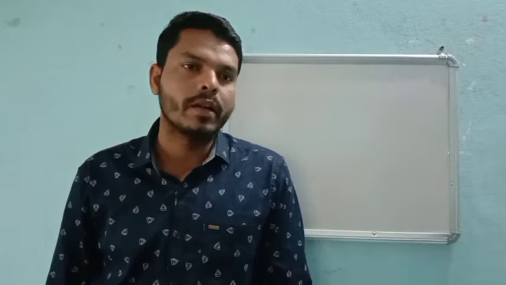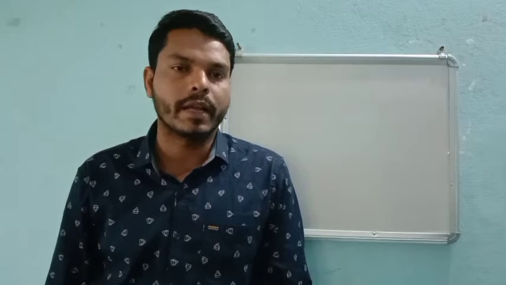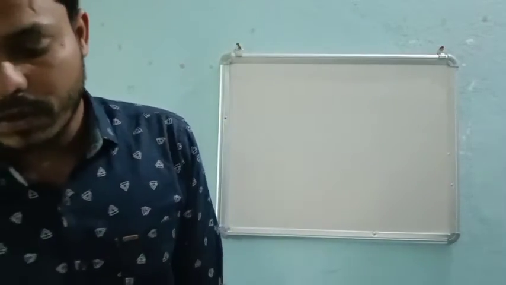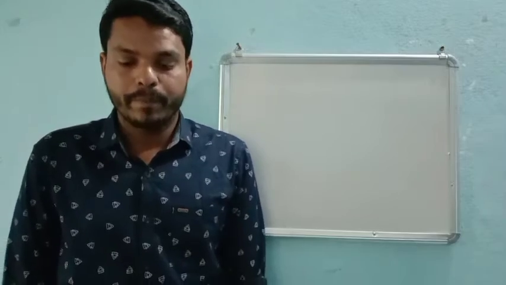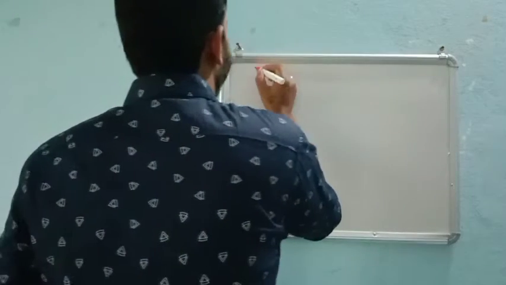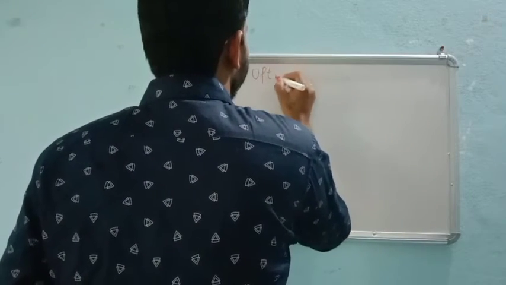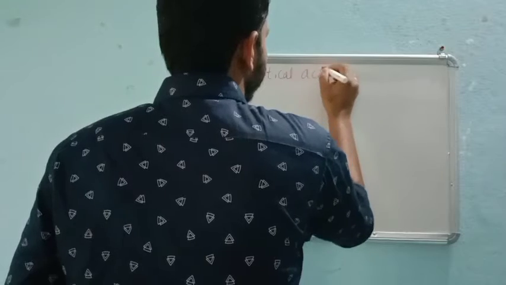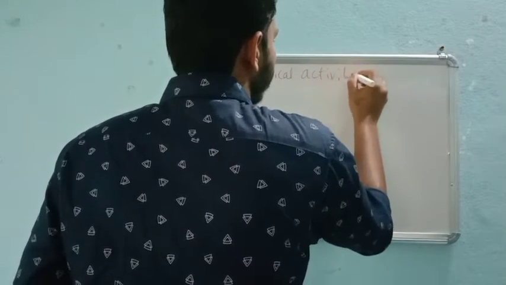So now dear student, we will see the optical activity of amino acids, right? So coming to the optical activity, except glycine, right? Optical activity means, see, already I have explained about the optical activity.